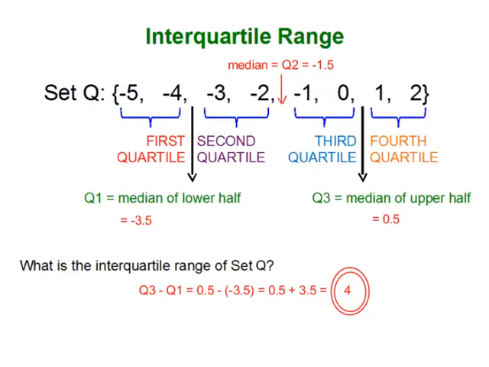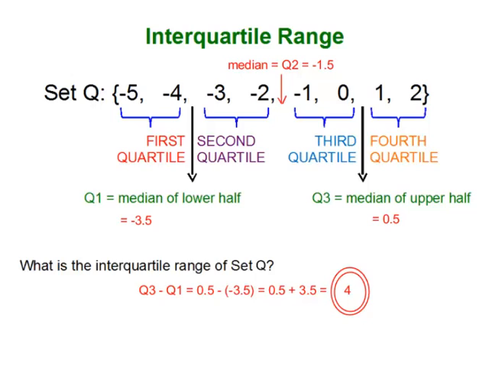And again, notice that each quartile has an equal number of terms in it. So Q1 again is the median of the lower half. Those 2 quartiles, first and second, each have 2 terms. There is no middle term of the lower half. You again have to take the average of -4 and -3, and similarly for the upper half. So when all is said and done, the interquartile range here is 4.